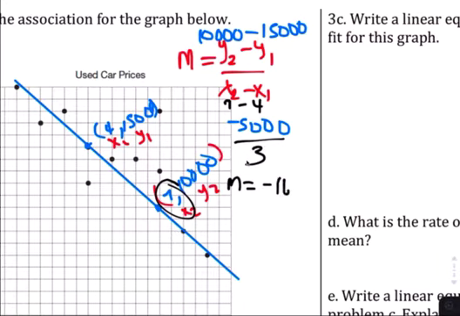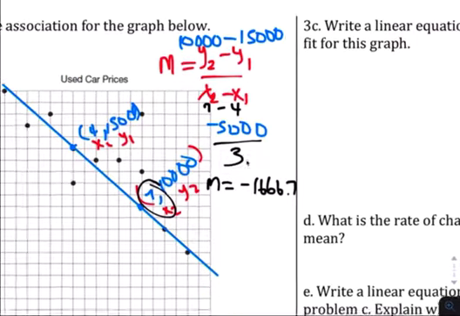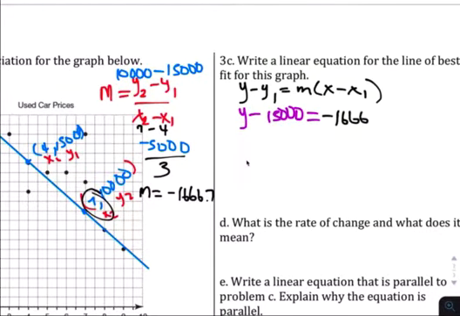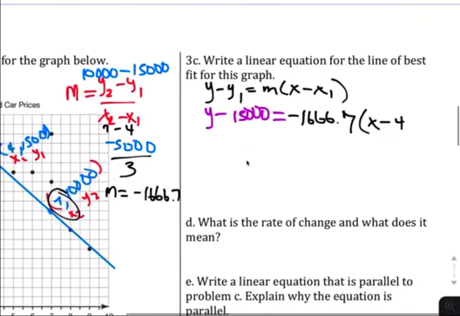I see a lot of students in class having this answer, 166.7, rounded to the nearest 10th place, because the 6 is repeating. Okay, so then you use y minus y sub 1 equals m parentheses x minus x sub 1, point slope. You're using y minus y sub 1, which is 15,000, m, which is negative 166.7, parentheses x minus x sub 1, which is 4.